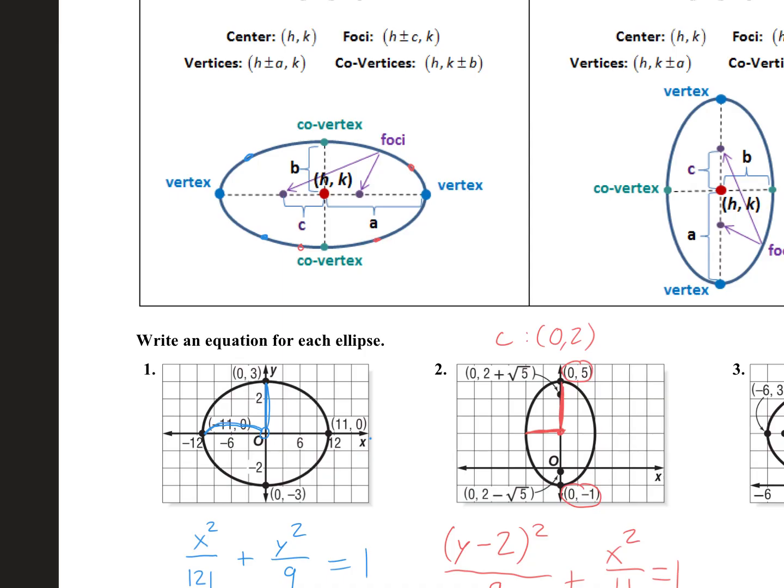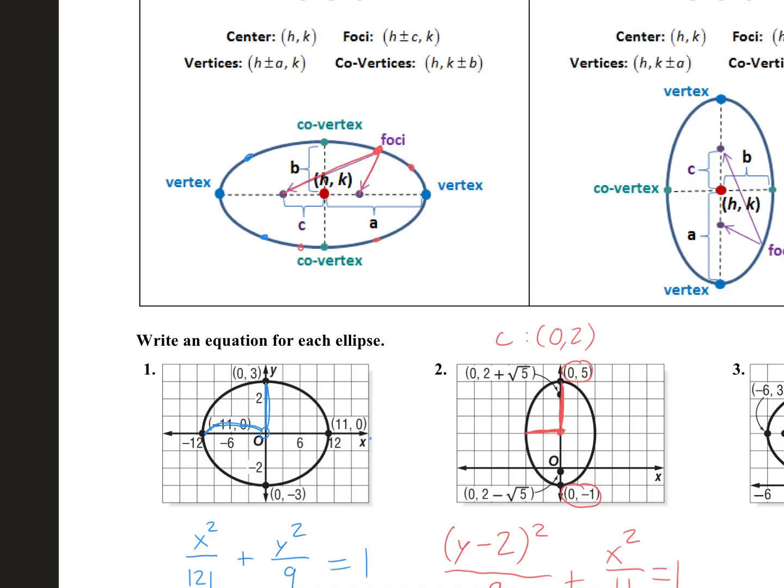And so the definition of an ellipse is, if I choose a point and then I find the distance to one of the foci and then the distance to the other foci, that sum is always the same.